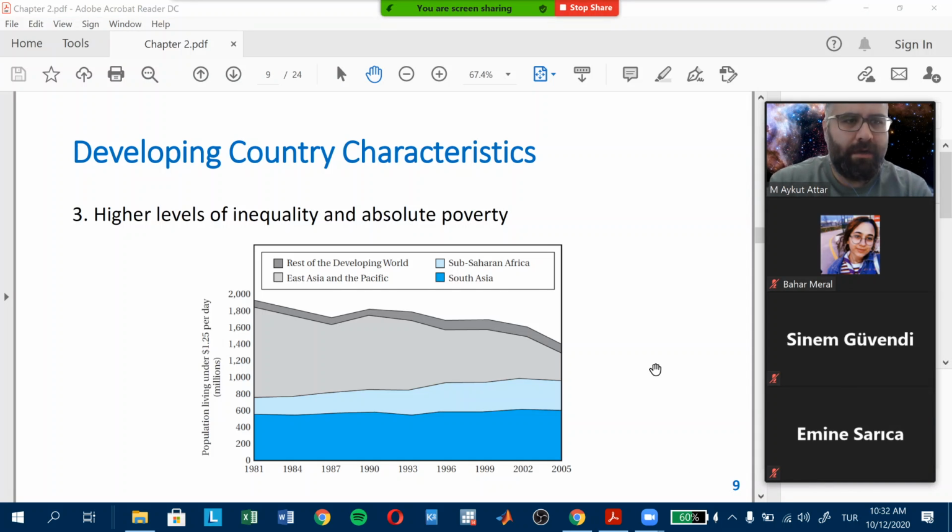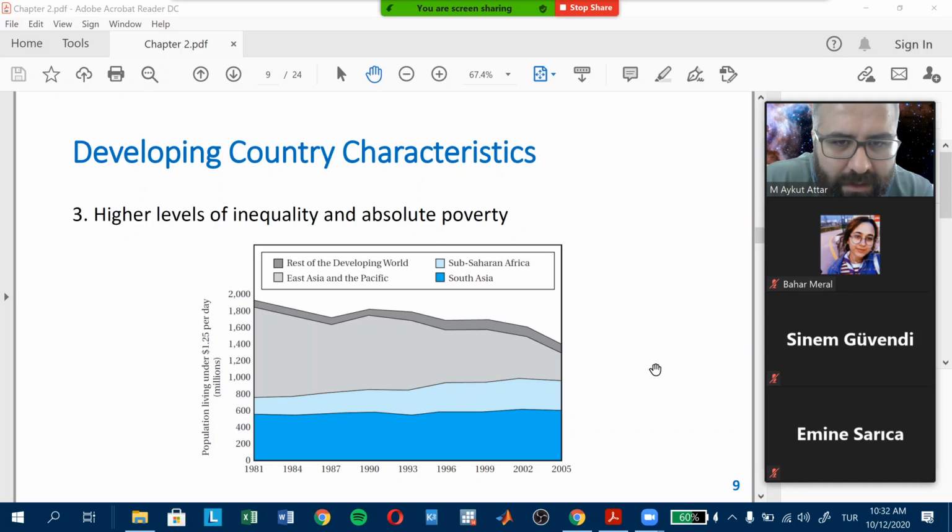Okay, so we are continuing with the developing country characteristics. In the third, we discussed the inequality and poverty issues earlier in the lecture. Here you see a figure that shows the population living under $1.25 per day in millions.